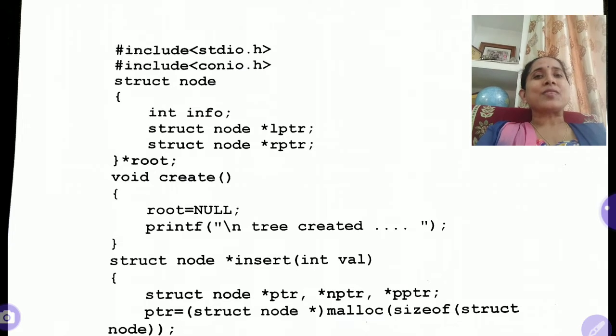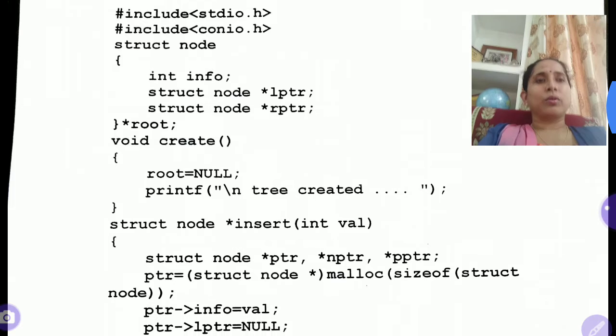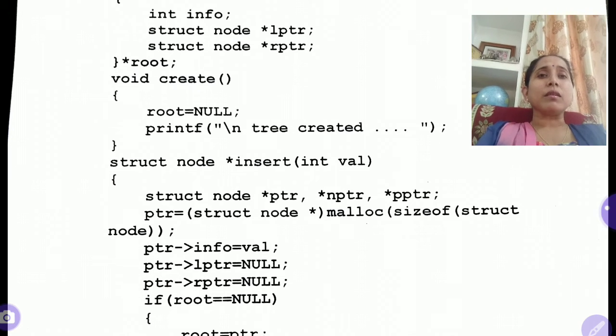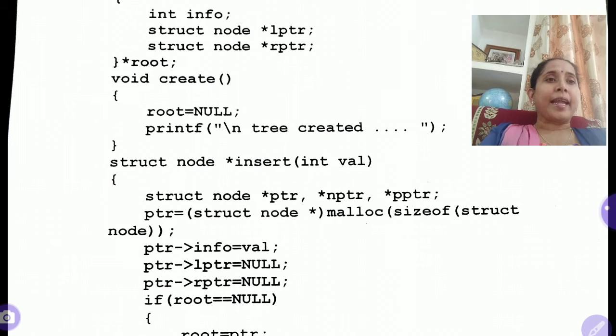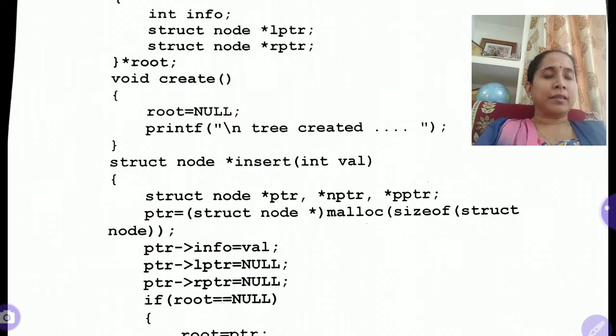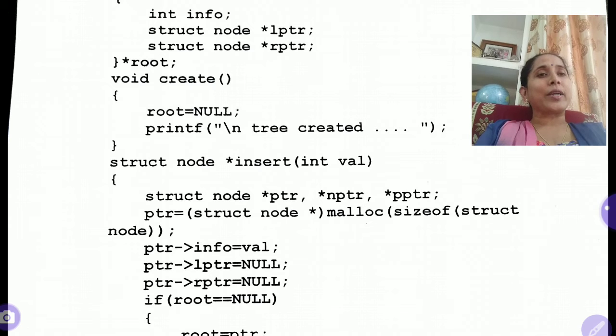And we create *root, the root node's pointer, starting with the create function. Initially when we create a tree, the root is having null value. Root being null means the tree is empty. That is, the root pointer is just like a top pointer in a stack or start pointer in a linked list. In linked lists, when we were studying, we used to say start is equal to null means the linked list is empty.